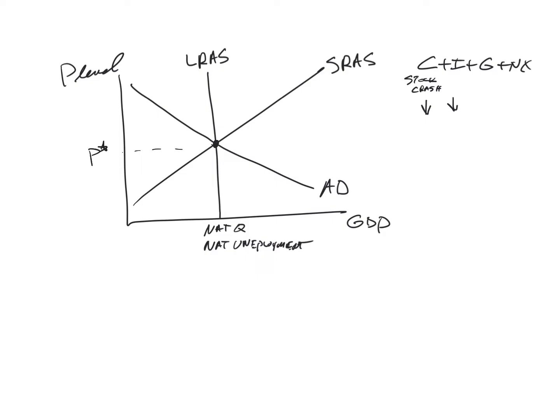And so with those two collapsing, we've got a shift to the left of aggregate demand. We've got a new equilibrium. Price level falls. GDP falls. And the unemployment rate goes up.